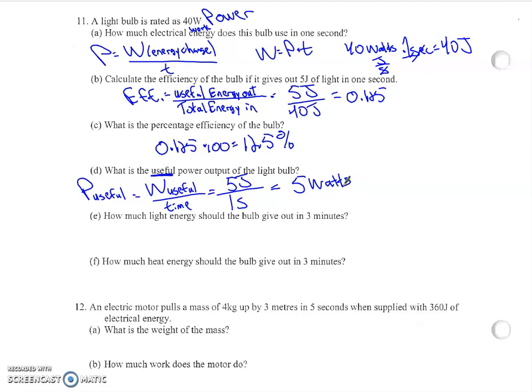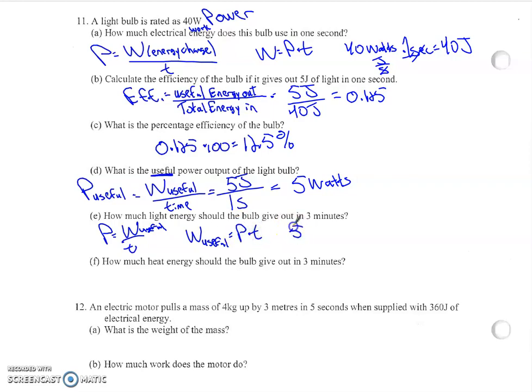Now, E is asking how much light energy the bulb should give out in 3 minutes. We could use power equals work divided by time, and it's asking for how much light, so this is the useful work output. Rearranging, that gives us power times time.